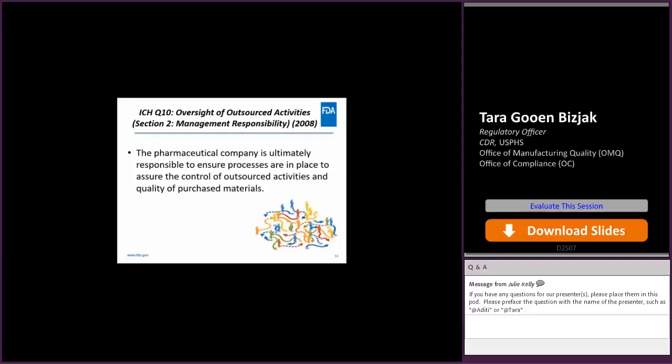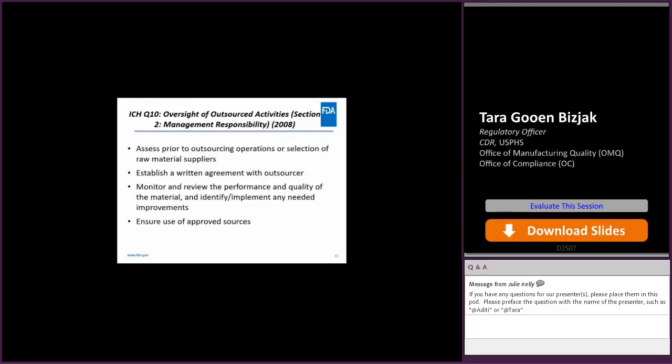And that is part of the pharmaceutical company's responsibilities, to make sure that you're selecting the right suppliers and outsourcers, and that you're continuing to work with them. That's part of that oversight.